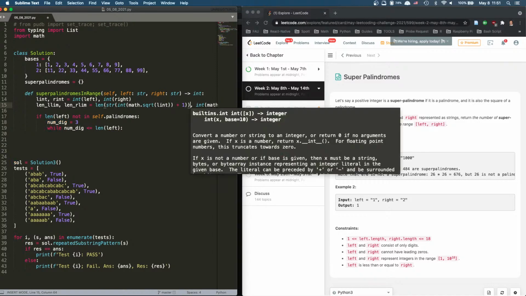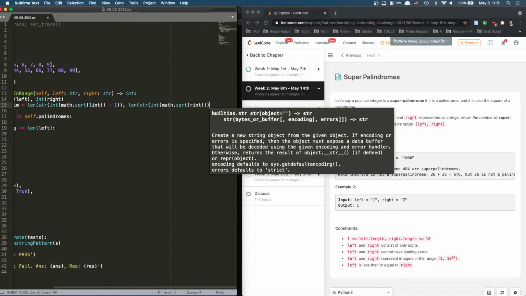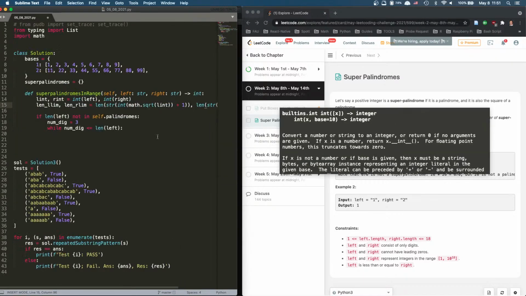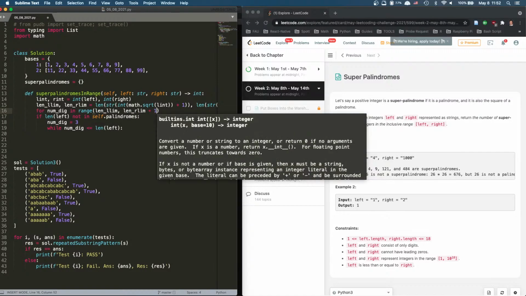It's the same. So we len str, then boom and boom. Right, so we have the length of both, and we say for num digit in range len left limit to len right limit, right?